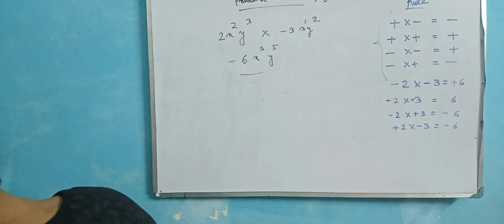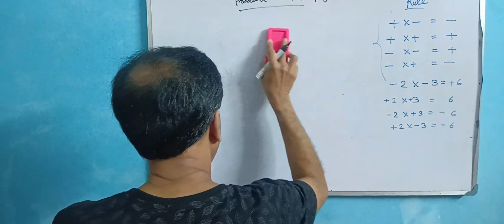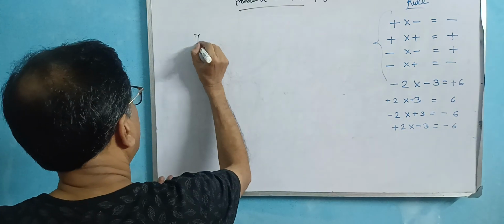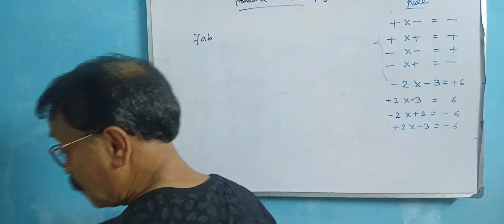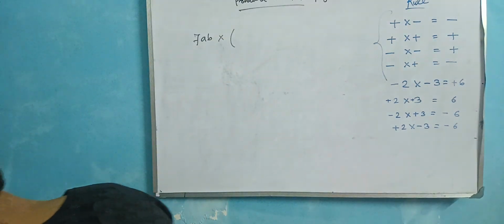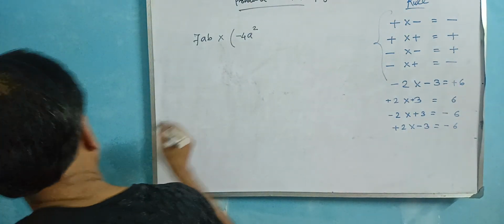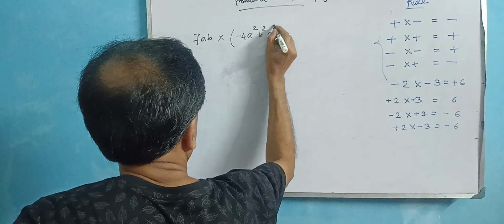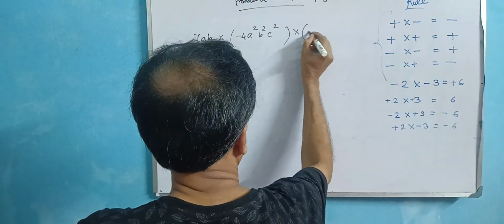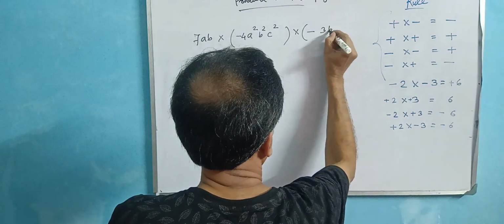Now, very easy, just to understand. Suppose a sum: 7ab, just write the sum, into bracket minus 4a square b square and c square, close bracket, multiply minus 3bc cube.